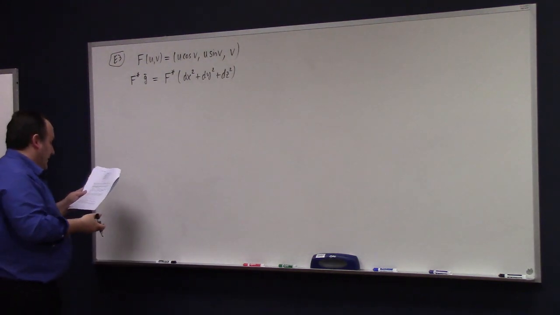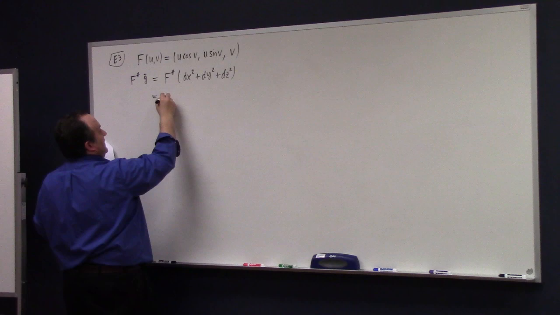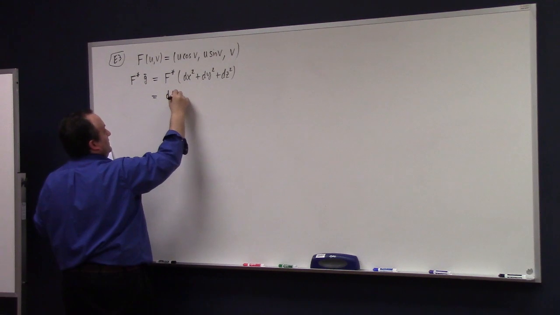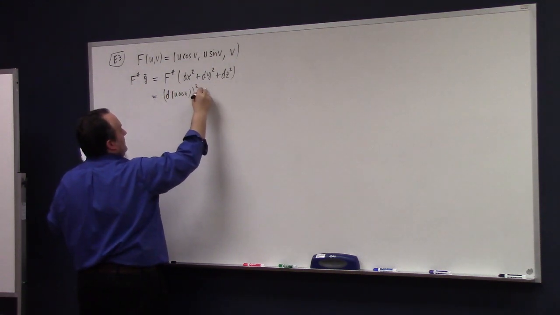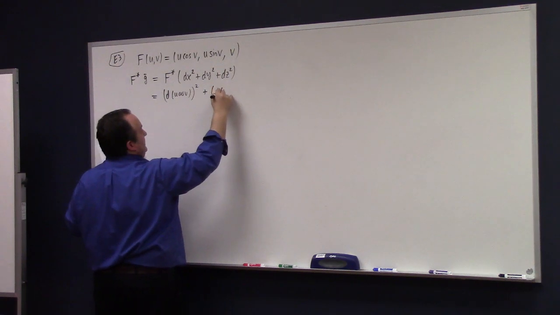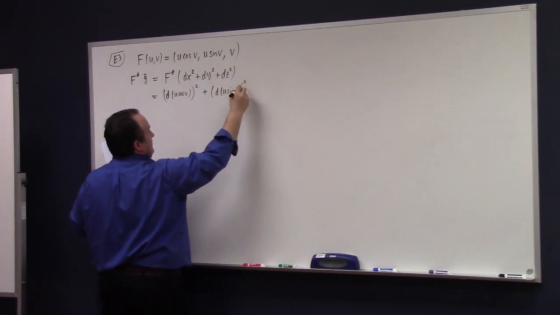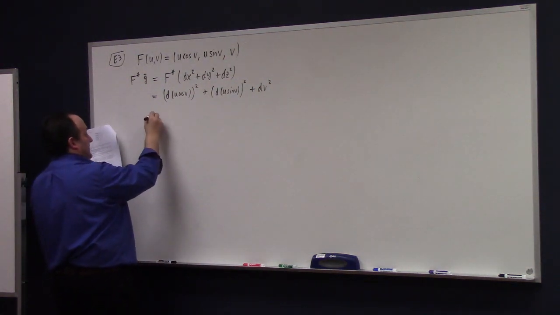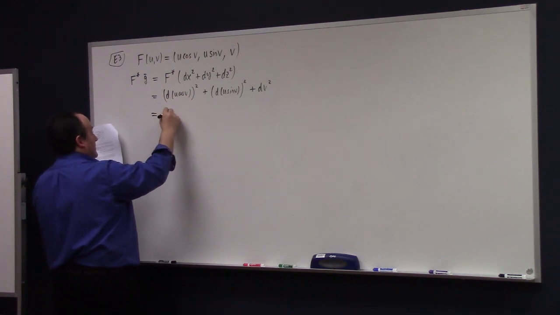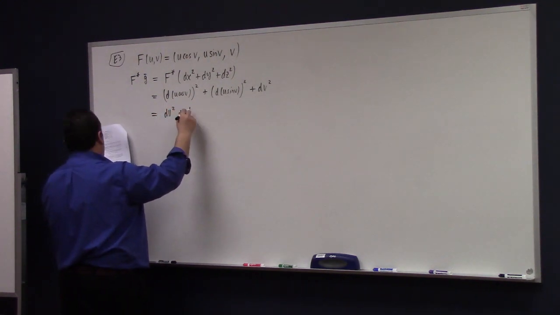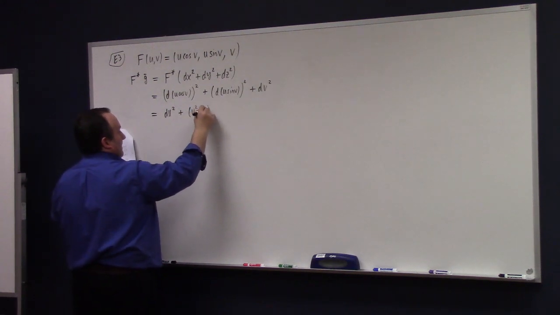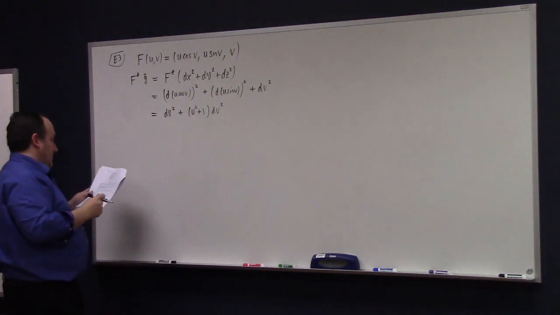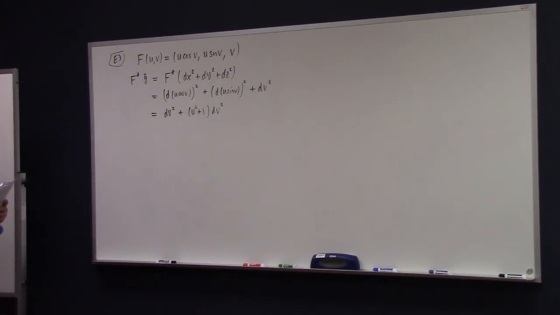So you've got basically d of (u cos v) squared, plus d of (u sin v) squared, plus dv squared. Through a calculation very similar to the one we just did, I won't bore you with the details, we get du squared plus (u squared plus 1) dv squared. That's actually kind of neat. It turns out the cross terms, when you FOIL it out, cancel out.